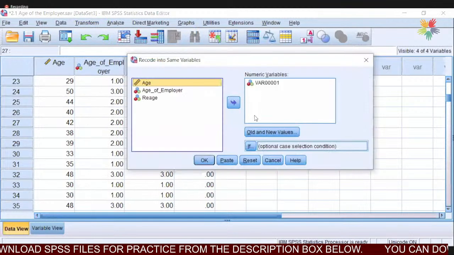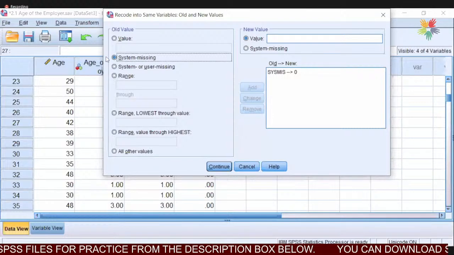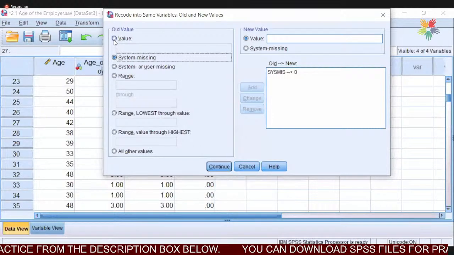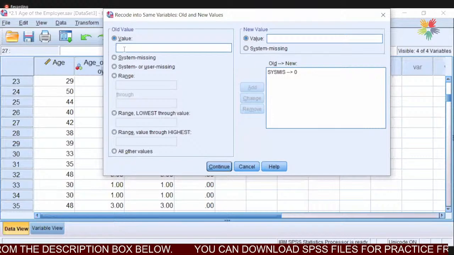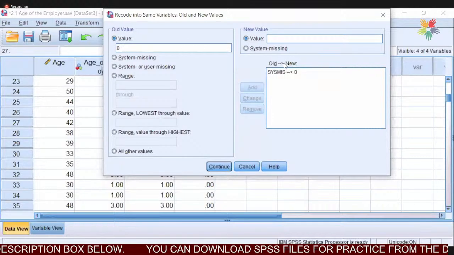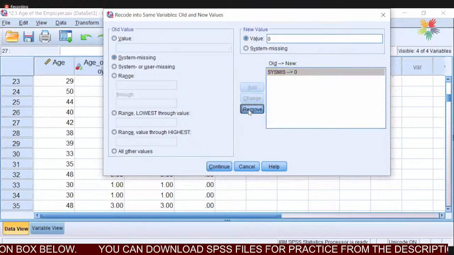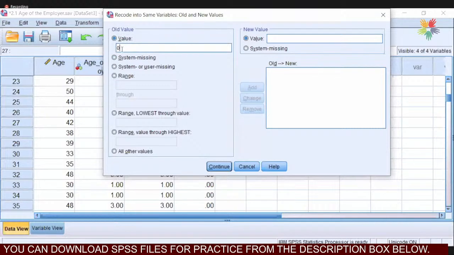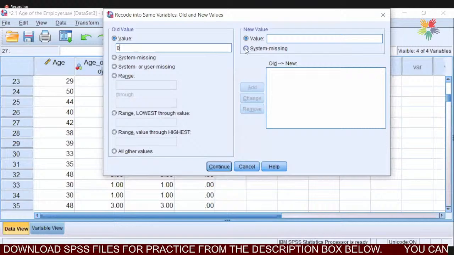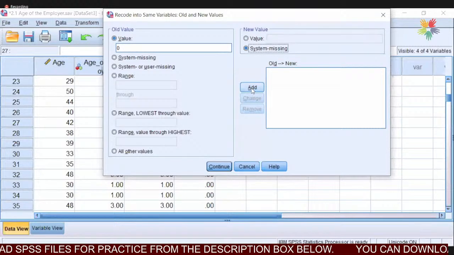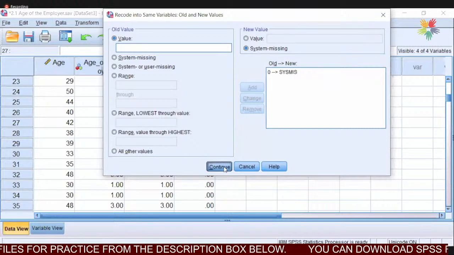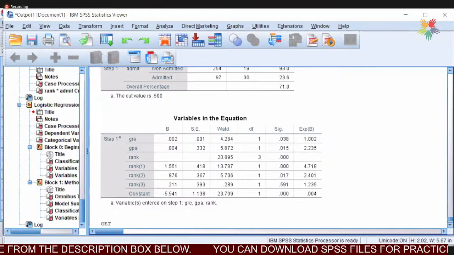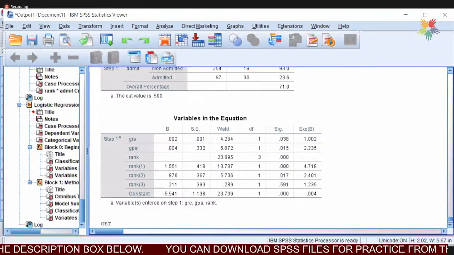So old and new: if the old value is 0, the new value is system missing. So if you already have 0 and want to make it missing, now all will be missing values.